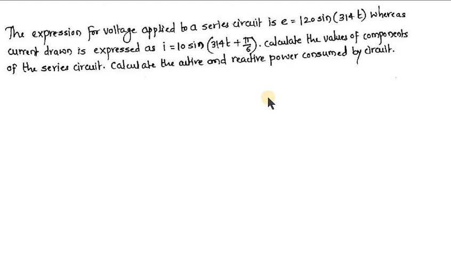Now before we start actually finding out these values, we firstly have to make sure what components are involved, and then we will find out the values, whether it is resistor only, capacitor only, or inductor, or any combination of these three. So see, the expression for current clearly shows that it has a leading angle of pi by 6.